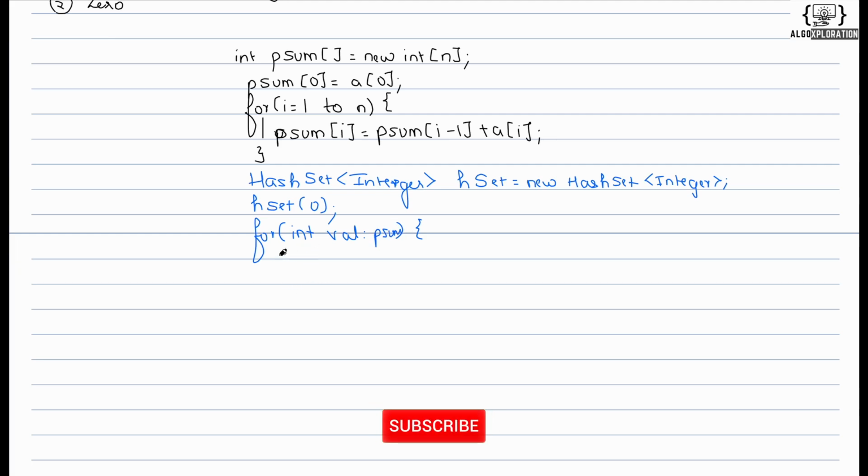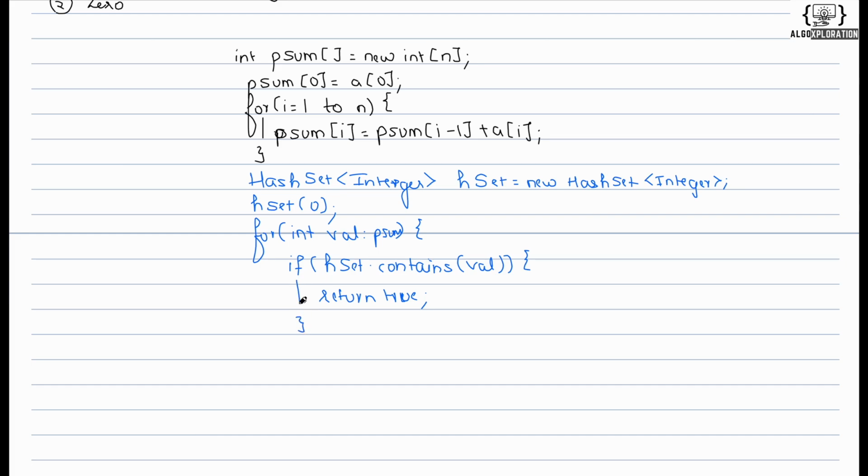Now if hashSet dot contains val, if it is containing, then simply return true. So if it is returning true, that means we can go in this if case, so return true, and you don't need to go further, you found our answer. But let's say if the value is not present in the hash set, then at that time we need to store it in the hash set.